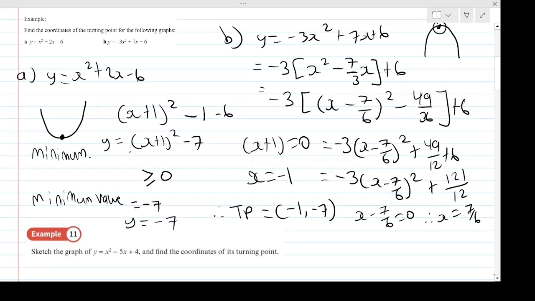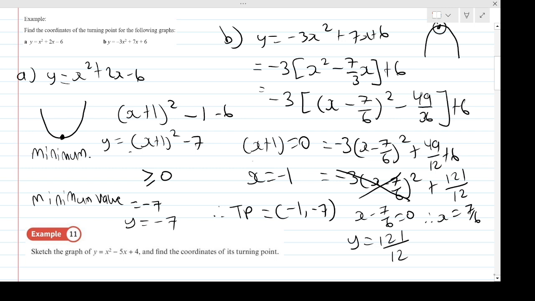Then the maximum point is just going to be the number outside, isn't it? Because when the whole bracket's 0, this whole bit goes away, so you're left with the value at the end. So the y value for the y coordinate of the point is simply 121 over 12.